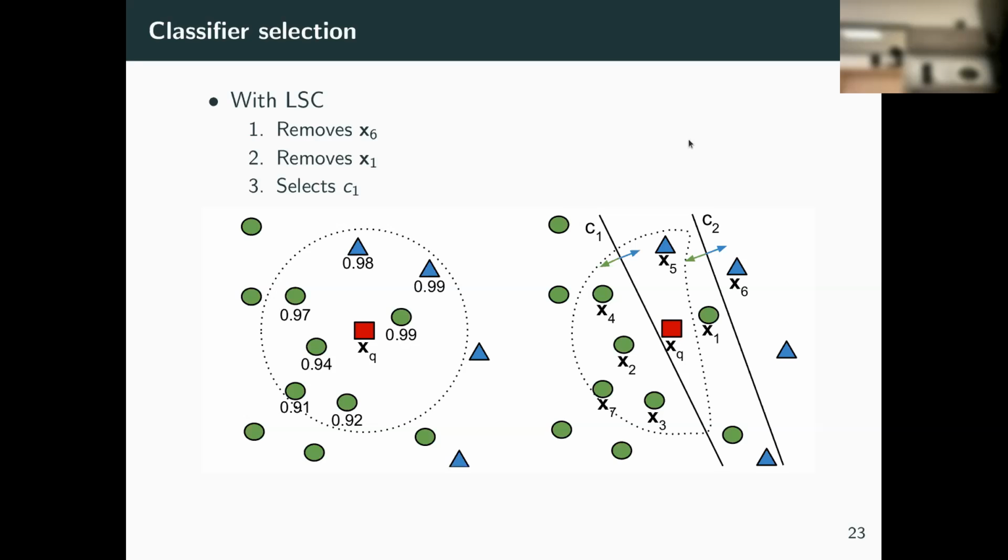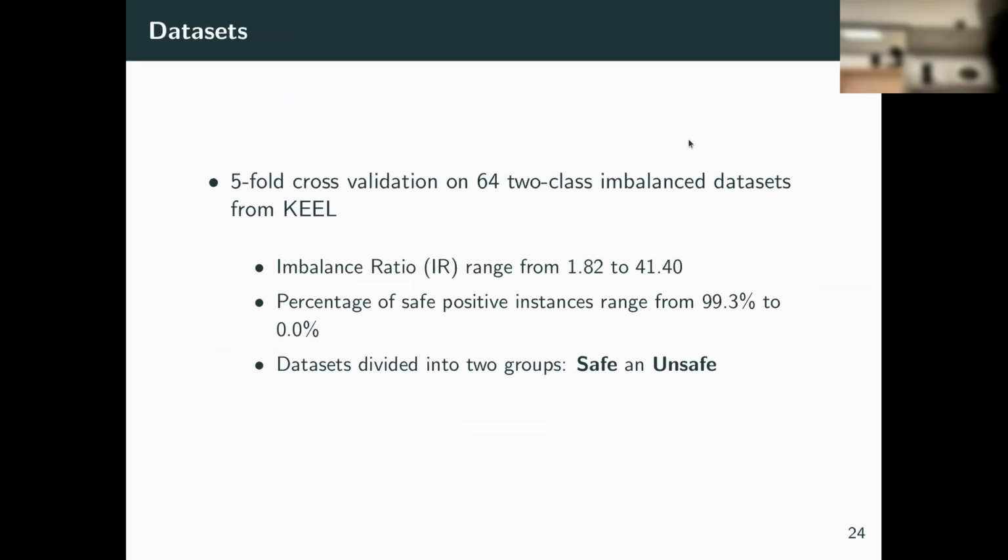To evaluate the technique, we used 64 two-class imbalanced data sets from the KEEL database. It was evaluated using 5-fold cross validation. The imbalance ratio in this database goes from 1.82 to 41.40. We also characterized the data sets based on the percentage of safe positive instances.